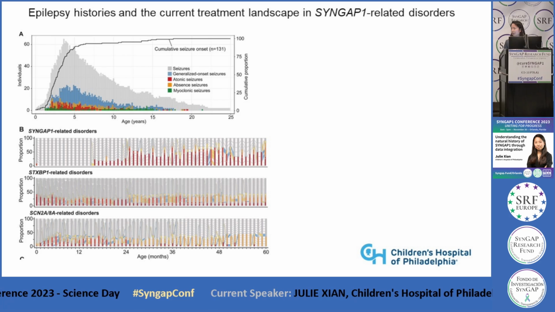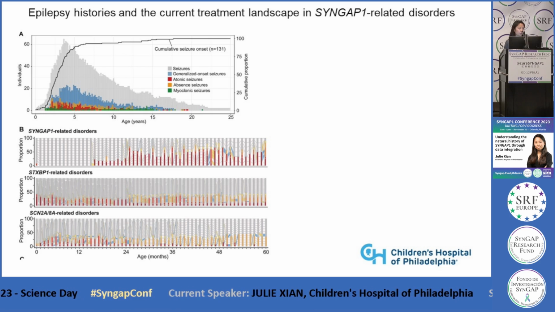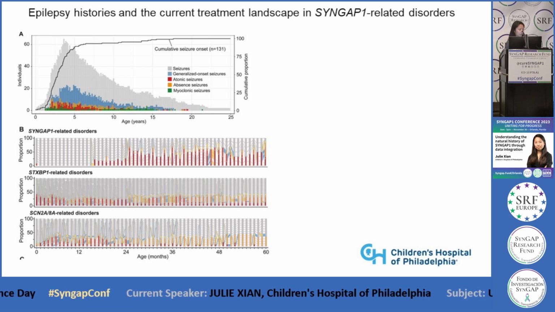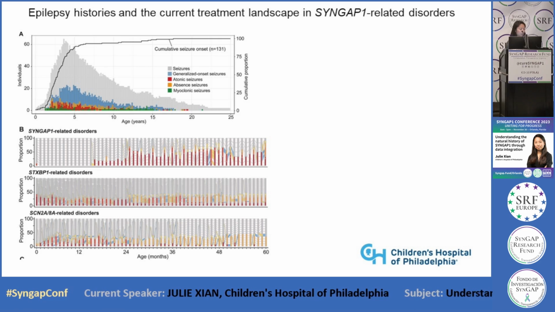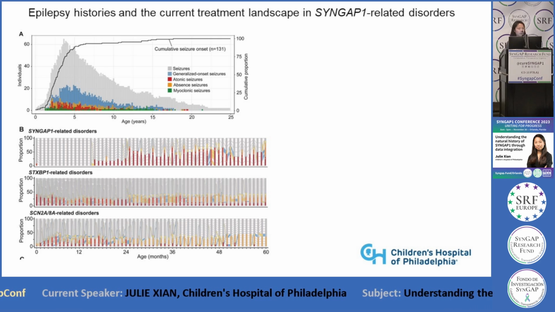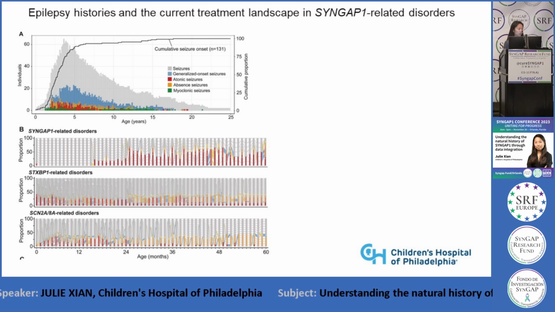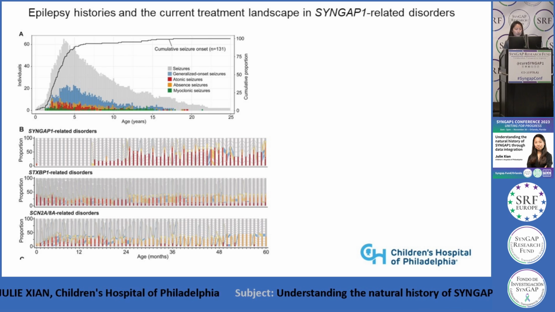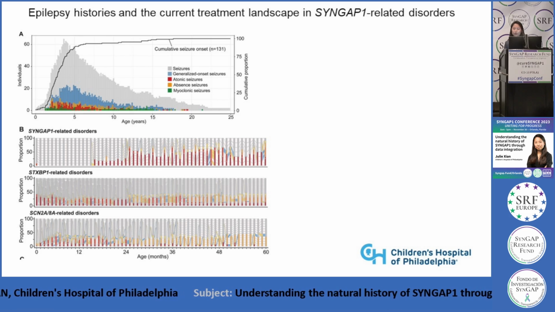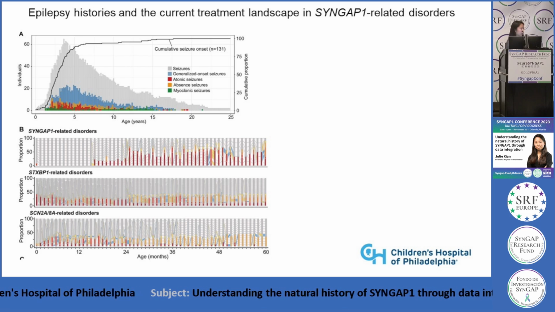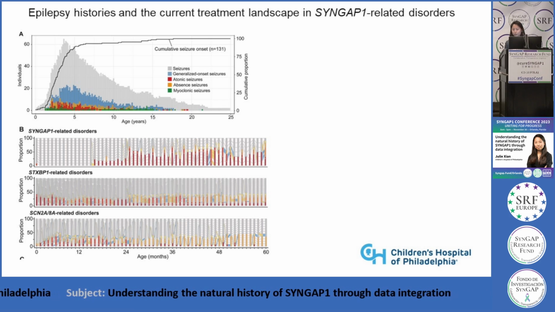The bars indicate the proportion of individuals with seizures at a certain frequency for SYNGAP1 relative to STXBP1, SCN2A, and 8A. We're reconstructing seizure histories on a monthly basis, assigning monthly seizure frequencies based on reconstructed medical records. You're already starting to realize the difference between SYNGAP1 relative to these other genetic epilepsies.